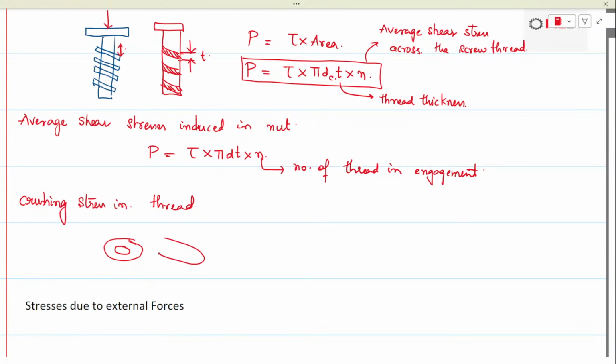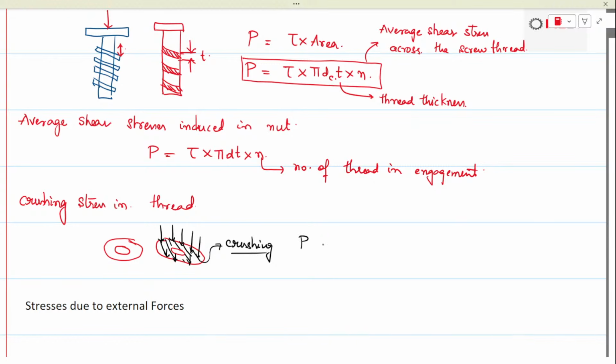It will be something like a helical surface. Whenever we try to clamp this part or this surface area, which is like a hollow circle, it will be subjected to crushing.